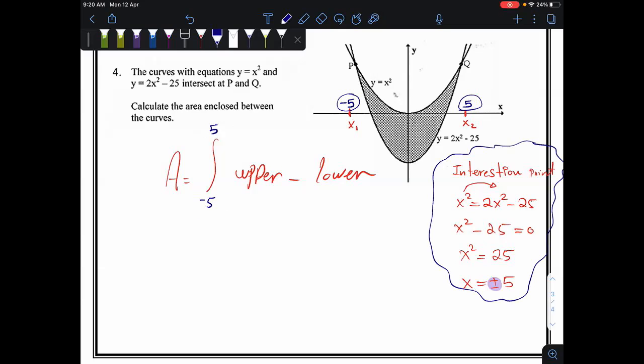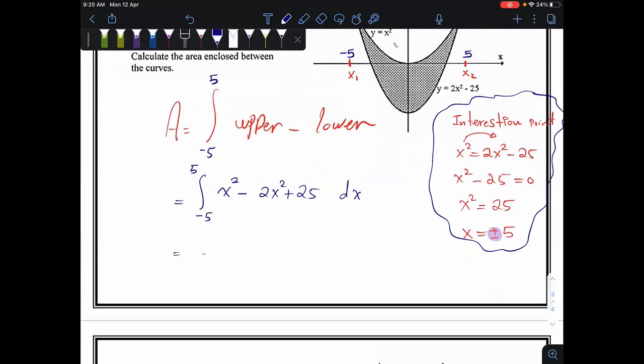Yes, then from negative 5 to 5, the upper function x squared minus the lower function minus 2x squared plus 25, and here dx.